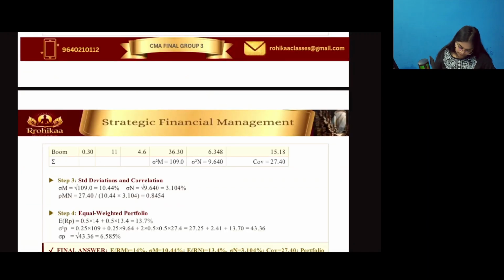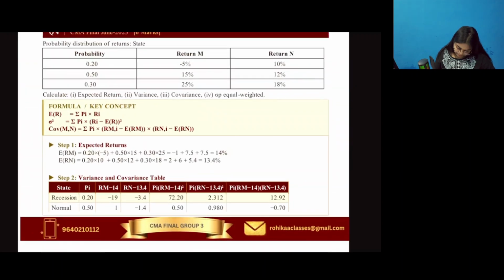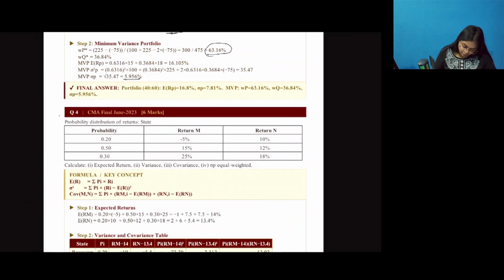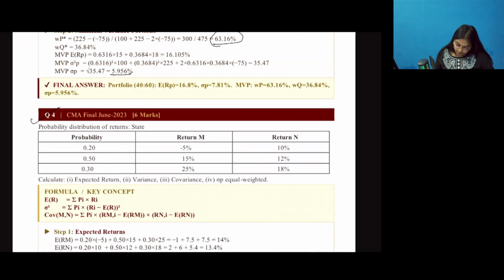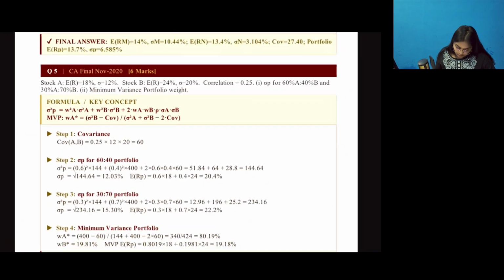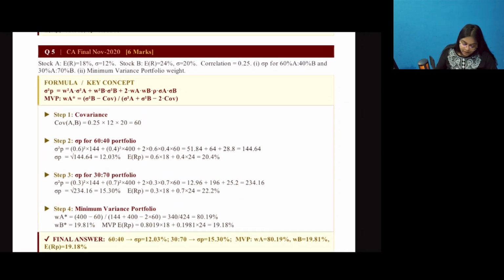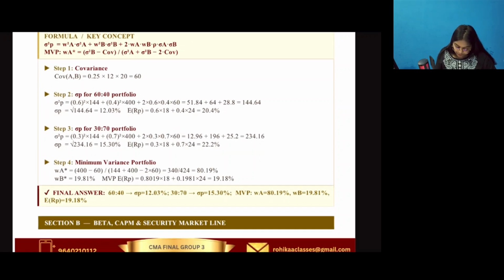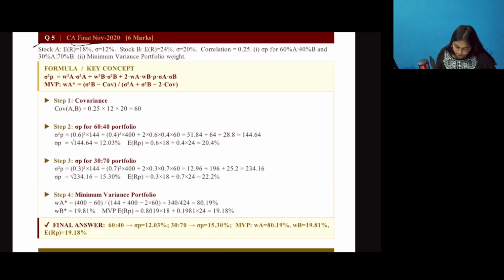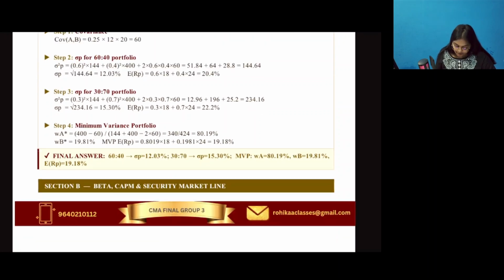So the next sums, question number 4 and question number 5. This was given in the November 25 CA Final attempt. You do this and let me know the answer in the comment section.